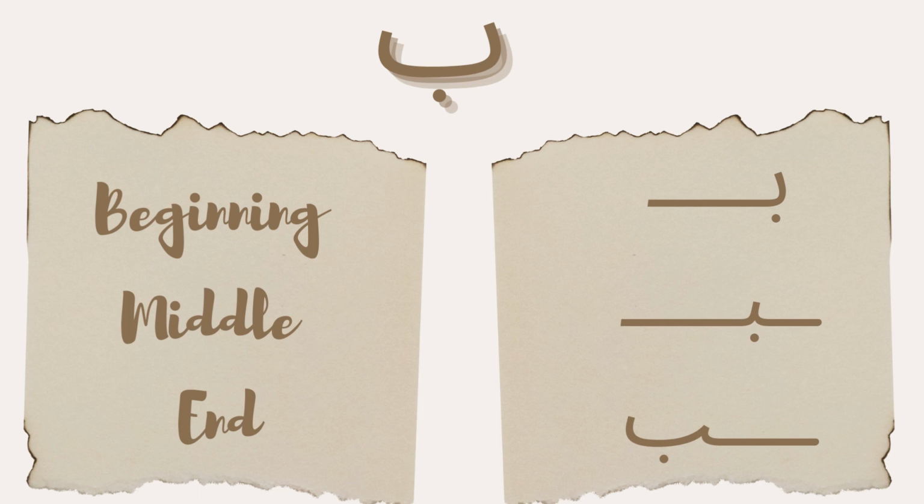Of course, we will talk about that in detail when we discuss every single letter, but we need to learn now that the shape of every letter differs a bit, to understand that, oh okay, this is ba in the beginning, this is ba in the middle, this is ba in the end. So we can read Arabic words.